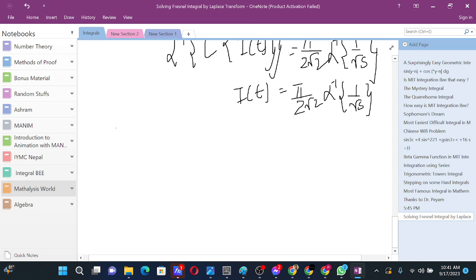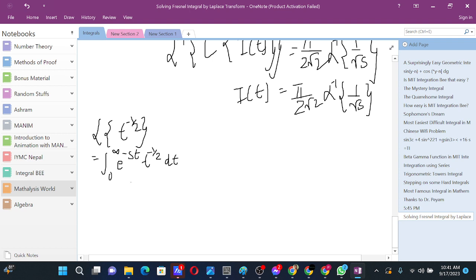Okay, now Laplace transform of t to the power minus 1 by 2, so it will be integral from 0 to infinity e to the power minus st, and then t to the power minus 1 by 2 dt.